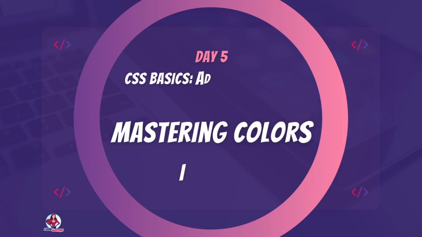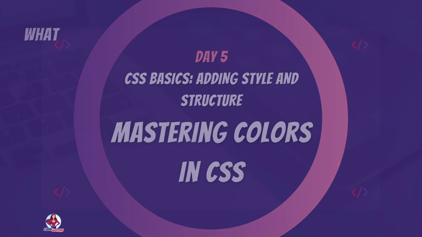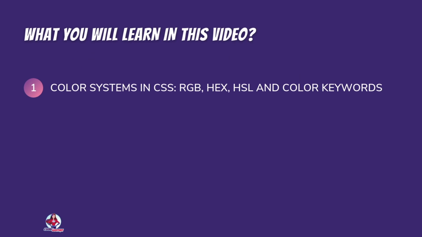Hello! Now we will discuss colors in CSS. Colors are another important topic for designing visually attractive websites and making the user experience enjoyable. In this video, we'll explore CSS 4 main color systems: RGB, hex, HSL, and color keywords.